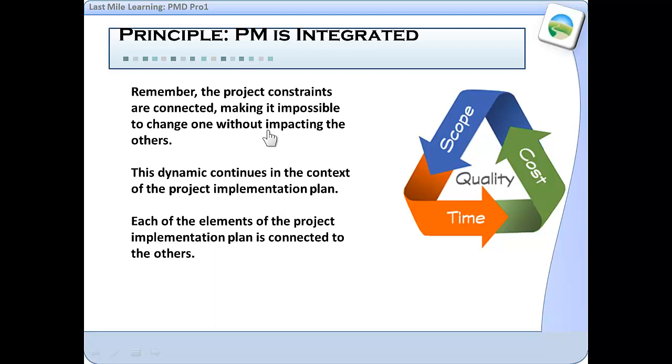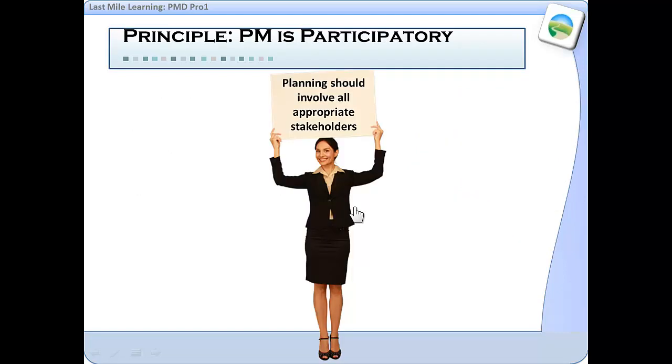Another principle that is part of the PMD Pro is that project management is integrated. Remember, the project constraints are connected, making it impossible to change one without impacting the other. The dynamic continues in the context of the implementation plan. Each element of the project implementation plan is connected to the others.